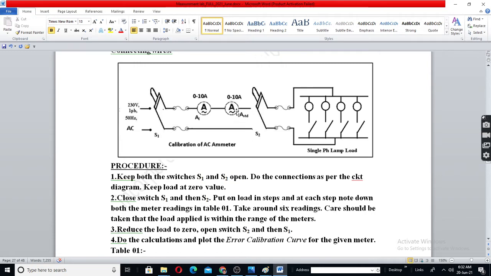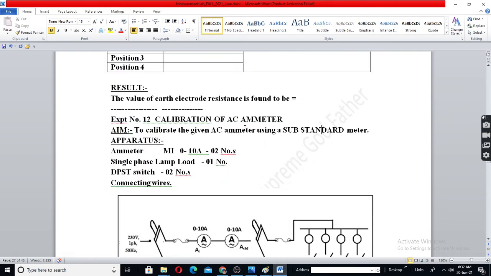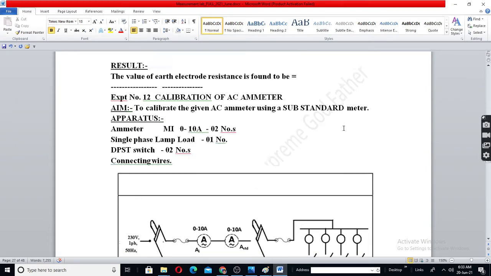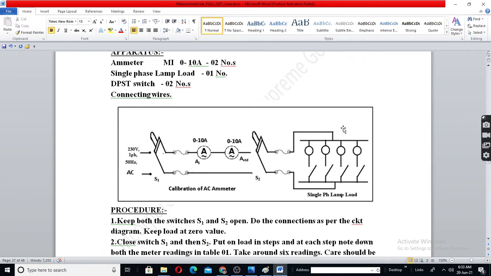So we will call this meter a standard meter, even though it is a substandard meter, because for our purpose that is the standard. Because we don't have access to that particular laboratory or that particular standard. Now, this is the circuit. Both the ammeters are connected in series, and when load is applied, both will give readings.